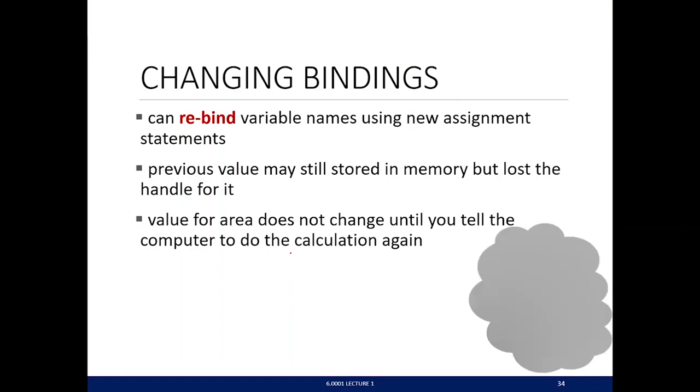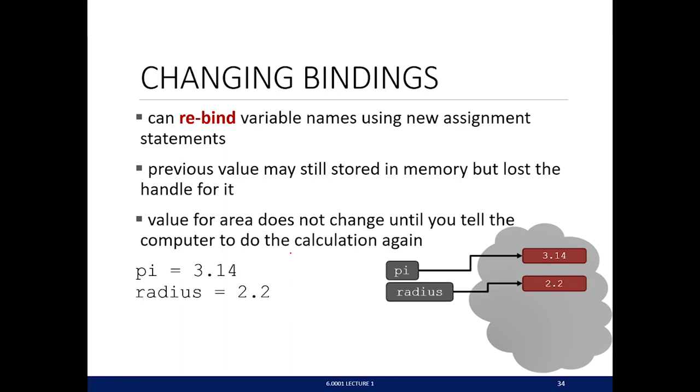Let's say this is our memory. Okay? Let's go back to the example with finding the area of the circle. So let's say pi is equal to 3.14. In memory, we're going to create this value 3.14, and bind it to the variable named pi. Next line, radius is equal to 2.2.